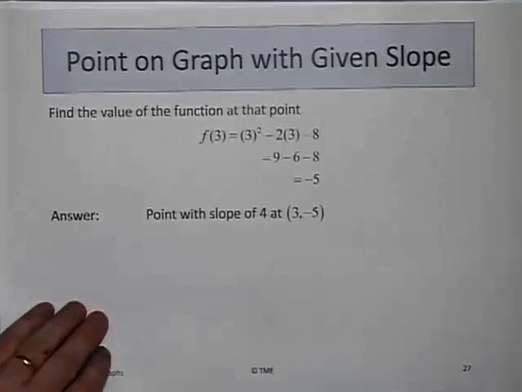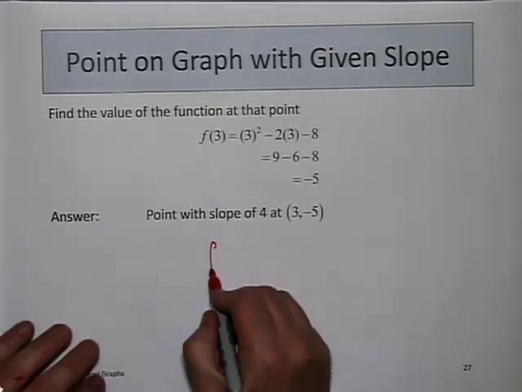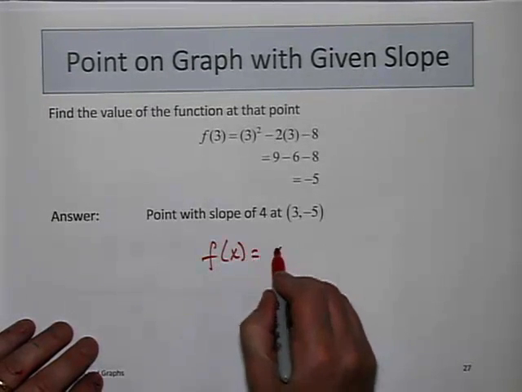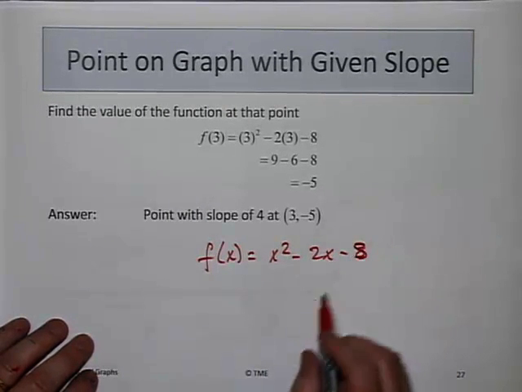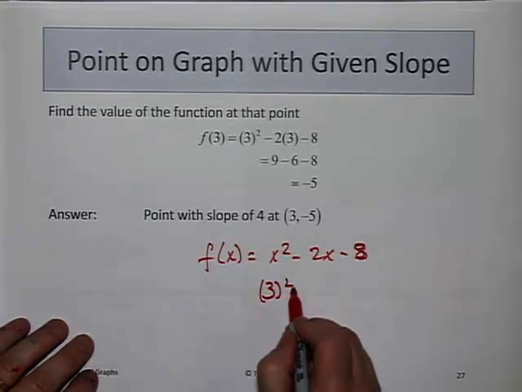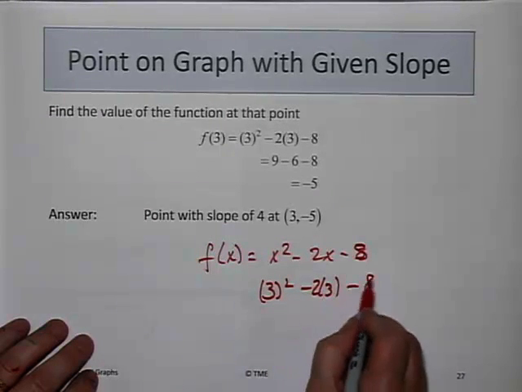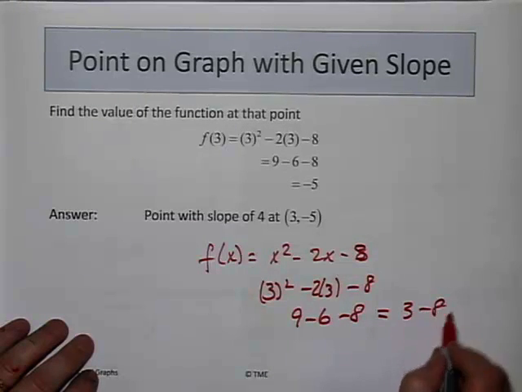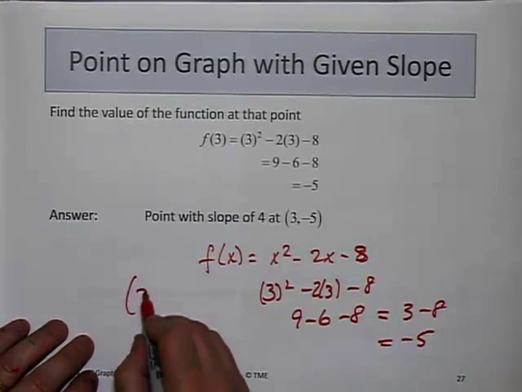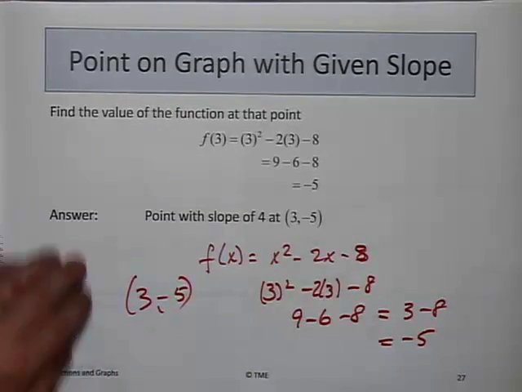Because I know that the function is f of x is equal to x squared minus 2x minus 8. So I say 3 squared minus 2 times 3 minus 8. 9 minus 6 minus 8. 3 minus 8 is minus 5. So (3, -5).